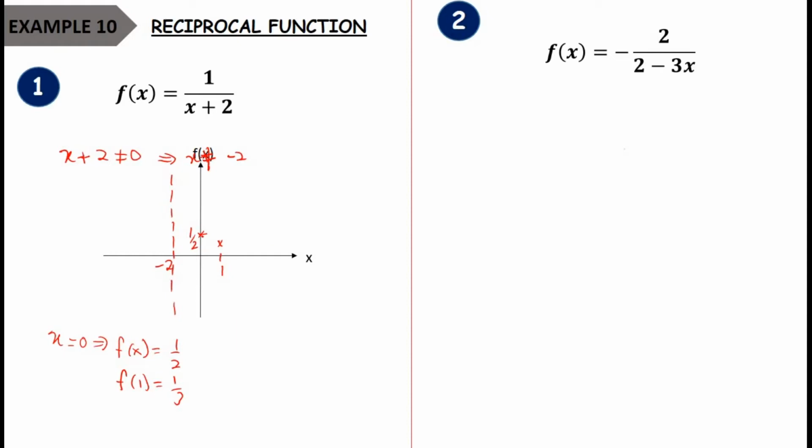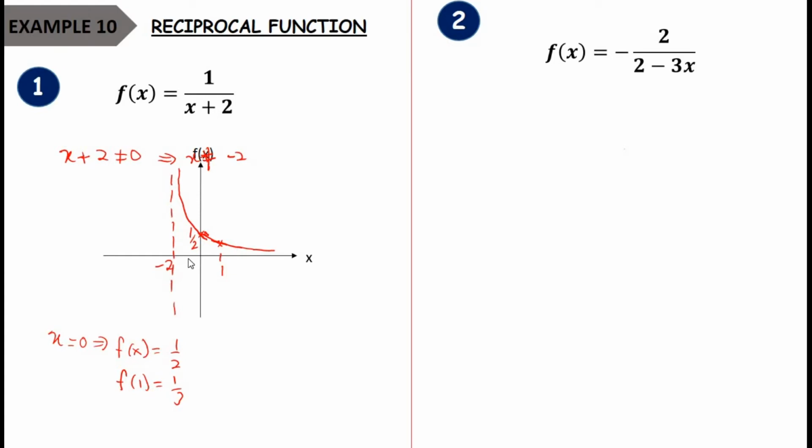From here you can connect these 2 points, then you will get this. If you still continue substituting the values of x by, let's say, 2, 3, and so on, you will get this function will approach 0. So f of x will approach 0.